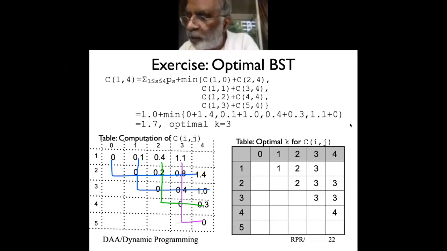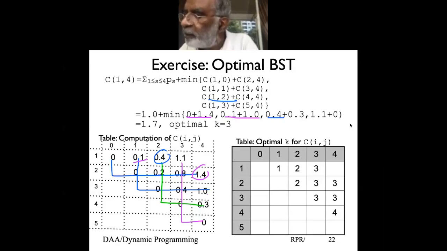Now C10 is 0 and C24 is 1.4. This is what the first term is. C11 is 0.1 and C34 is 1.0. C12 is 0.4, you get 0.4 plus C44.